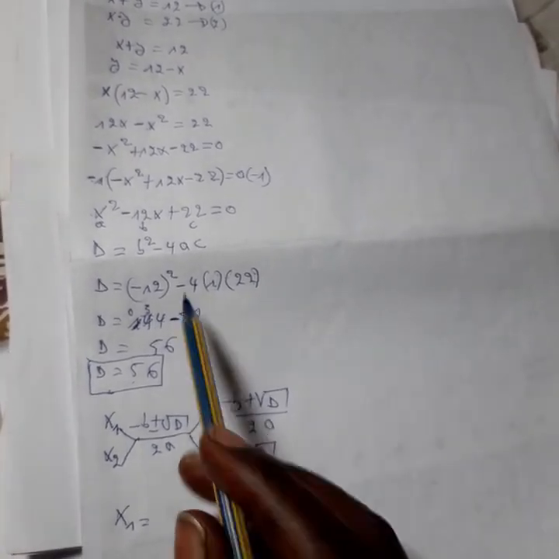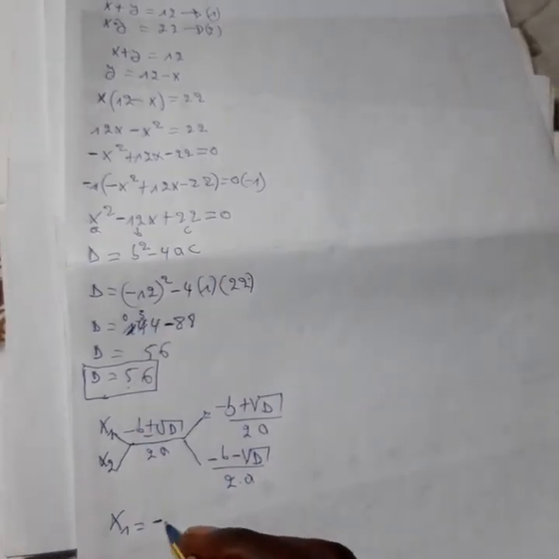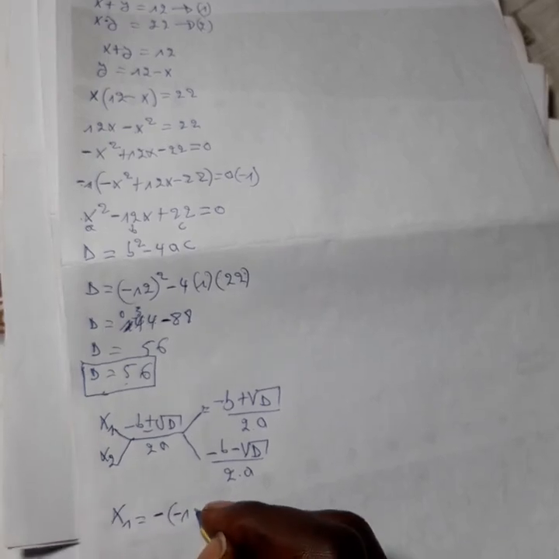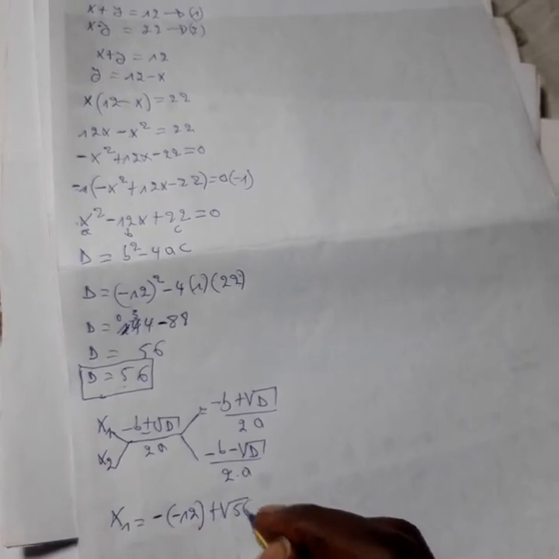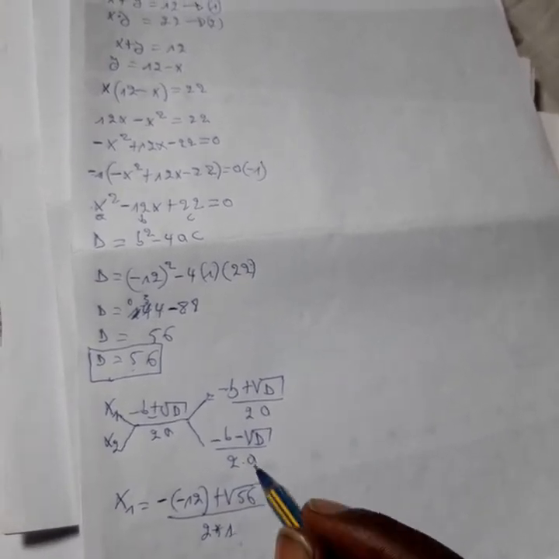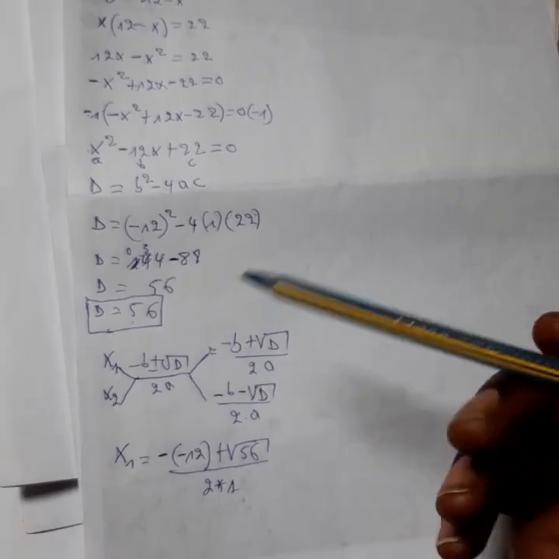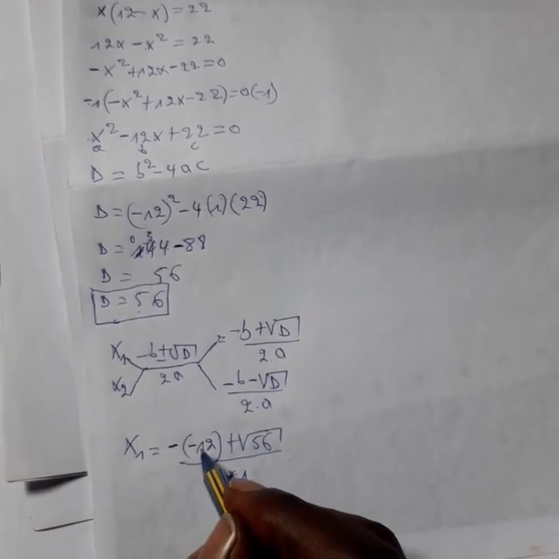So x1 will be equal to negative of b, which is negative 12, so it becomes positive 12, plus the square root of 56, divided by 2 times 1, because a has the value of 1. Negative times negative is positive.